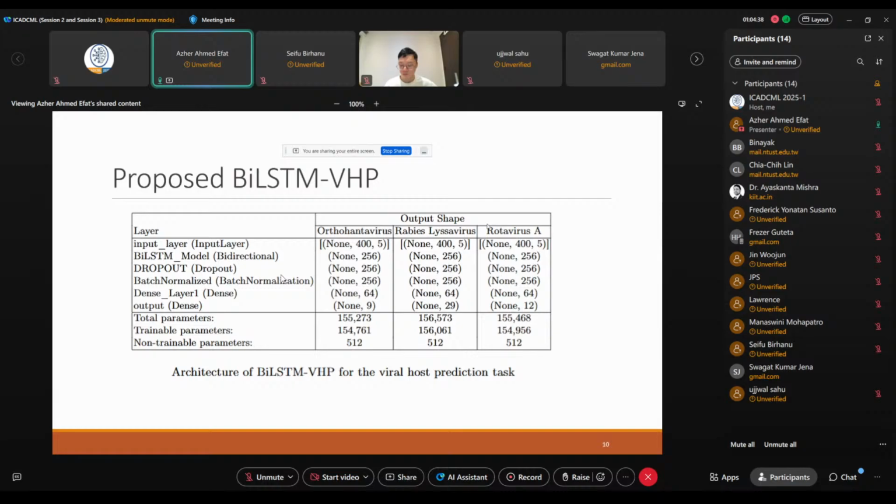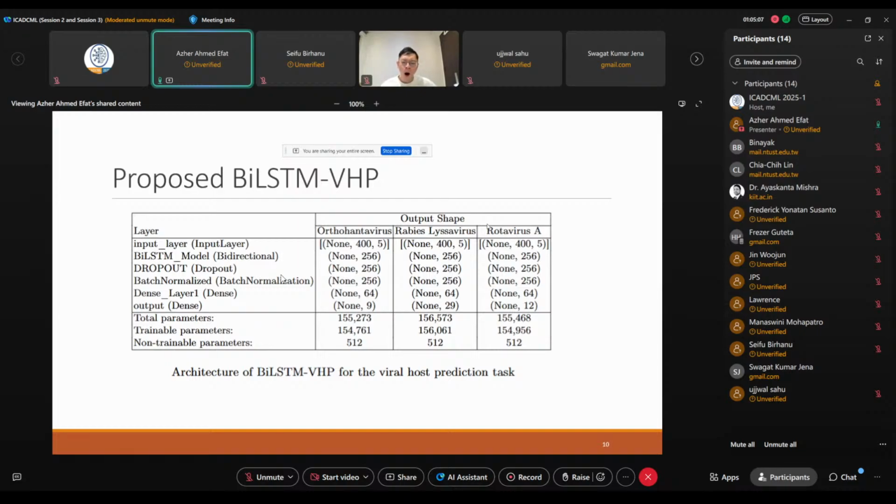After that, we go to our model creation and training stage. So this is our proposed BiLSTM VSP architecture. We at first have our input layer, followed by the bidirectional LSTM layer, which has 256 units. It is followed by a dropout layer to handle any overfitting.